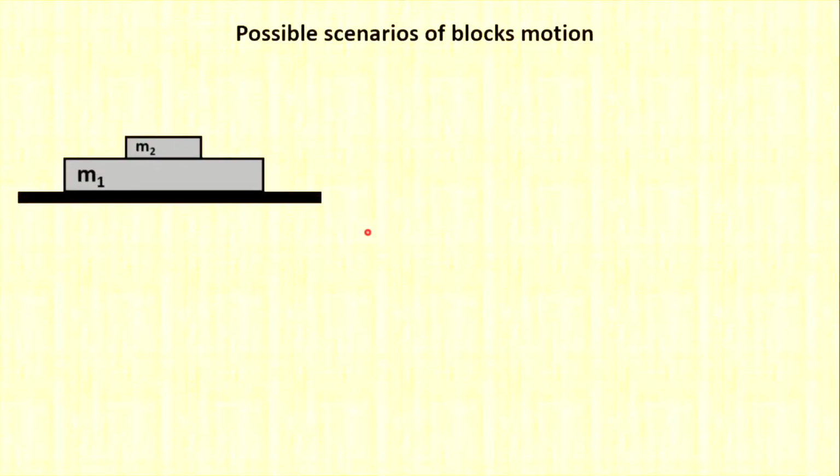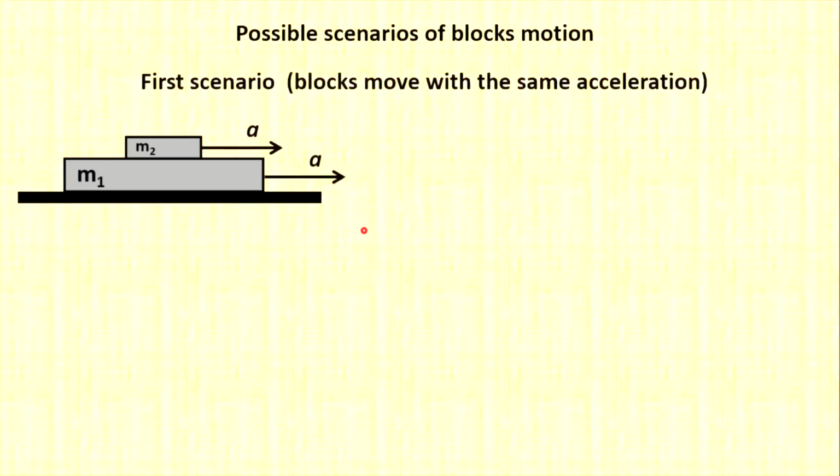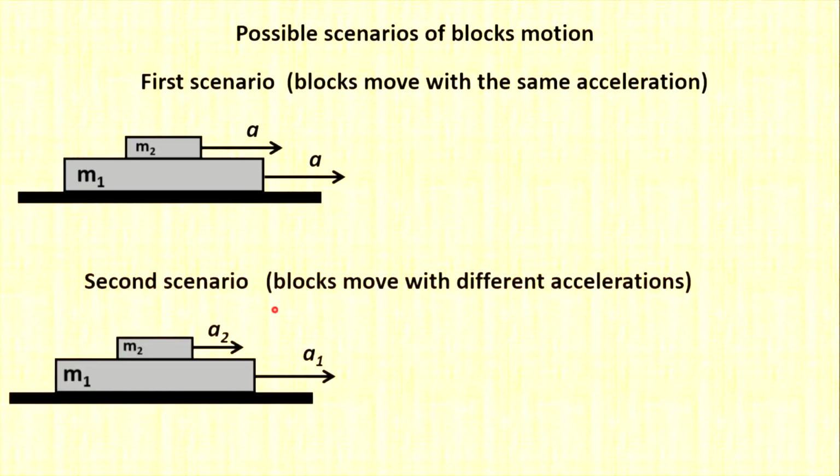Let's now summarize the results of this simple experiment. The first possible scenario is that the blocks move with the same acceleration. Very simple scenario. The second scenario, more complicated, is when the blocks move with different accelerations. In this case, the upper block can move with respect to the lower one.